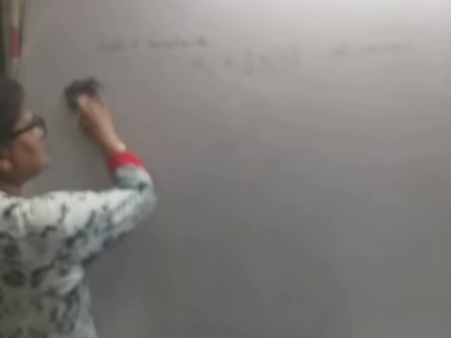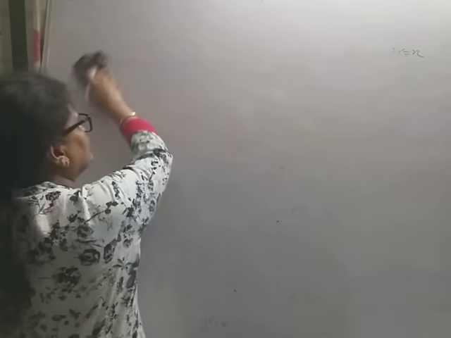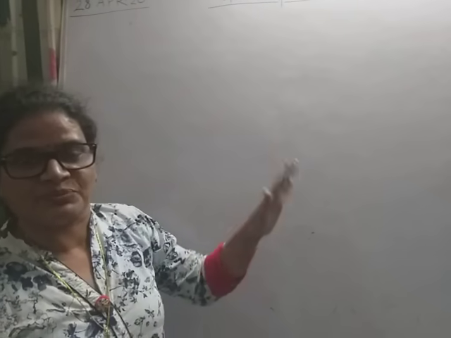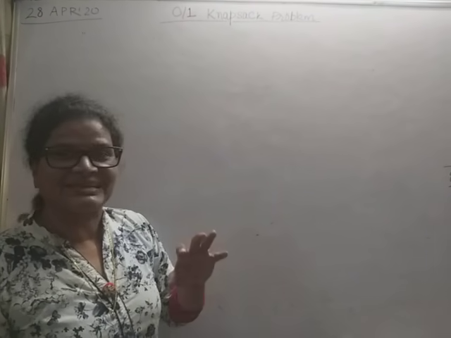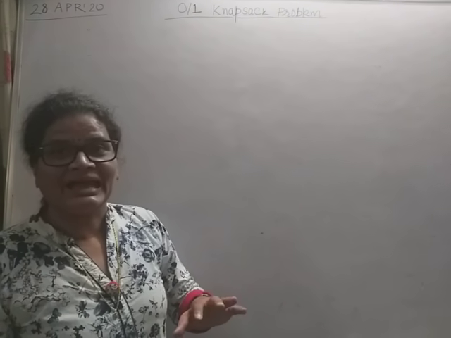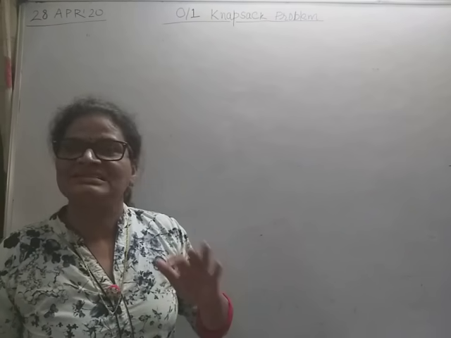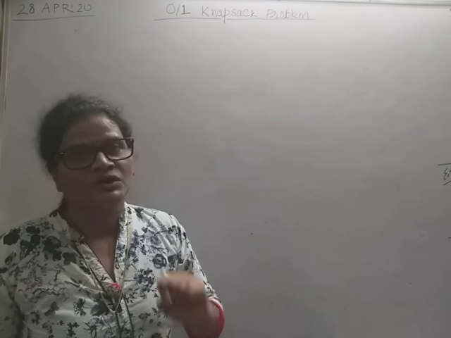Okay, now when we generate the state space tree for the 0-1 knapsack problem, it is a difficult one, so listen carefully. Some bounding function is required, some upper bound is required to kill the node.